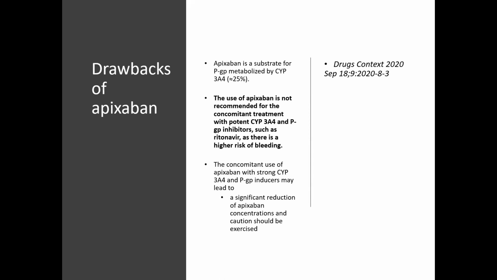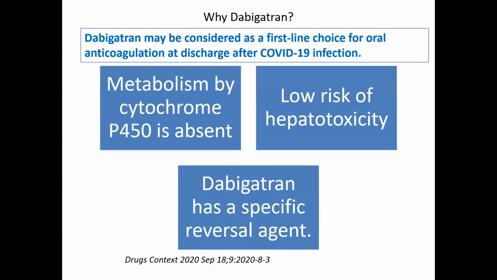So use of apixaban is also not recommended in patients who are receiving drugs which have an effect on CYP3A4 or PGP inhibitors. Concomitant use of strong CYP and PGP inducers may lead to a significant reduction in apixaban concentration and caution should be exercised because adequate anticoagulation will not be there.